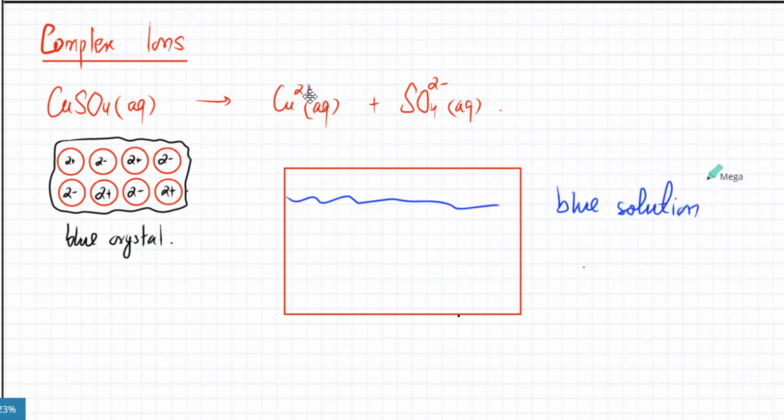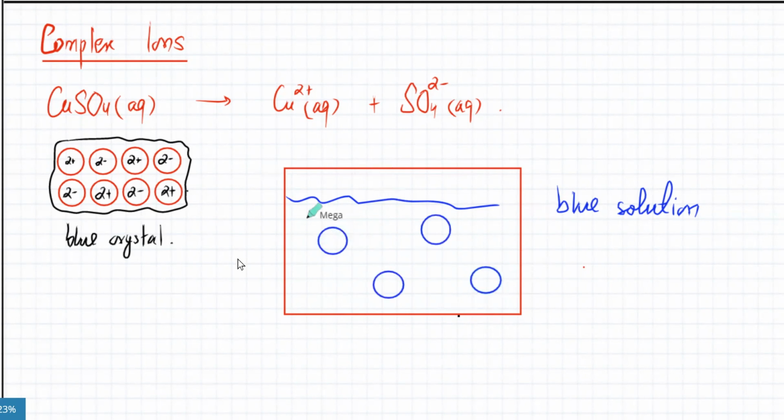Now in this we're going to study why they have colors in the first place. But the first thing is, let's discuss what is going to happen when they dissolve, when they dissociate. That means all the ions scatter in water. The 2 plus and the 2 minus, all of them are swimming around separately.